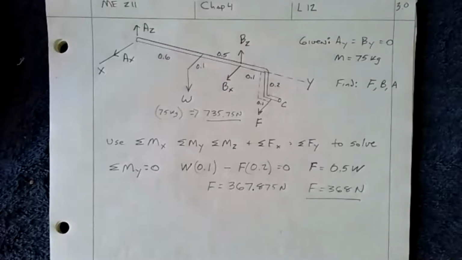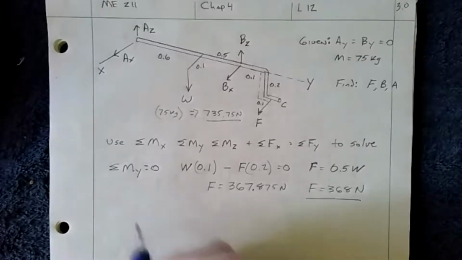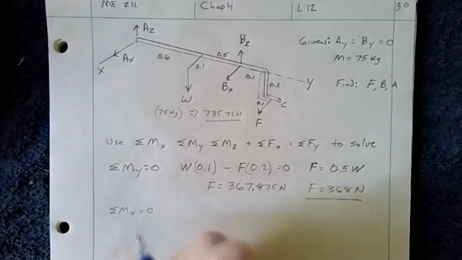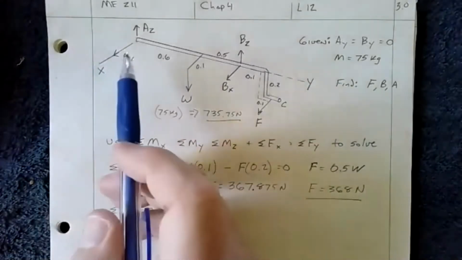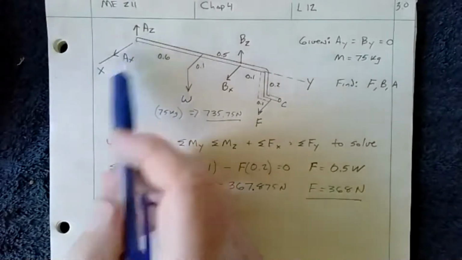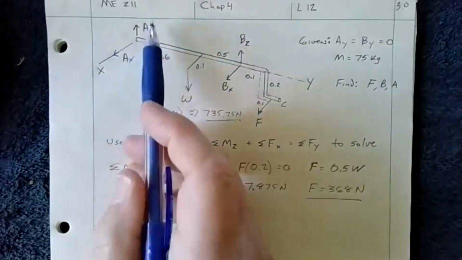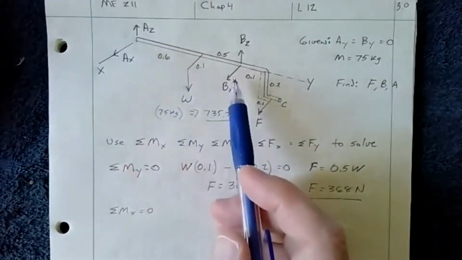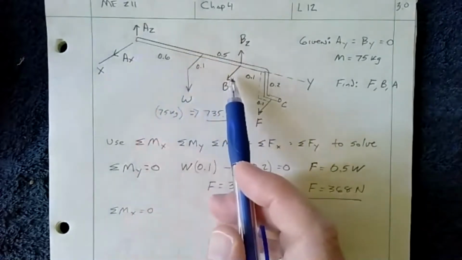So now let's look at what else we can do. Now, if we sum our moments about the x-axis, notice that since AX and AZ are on the x-axis, that'll make them disappear. We're summing the moments about the x-axis, so a parallel force isn't going to create a moment.